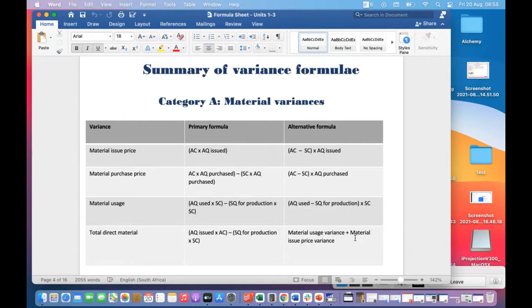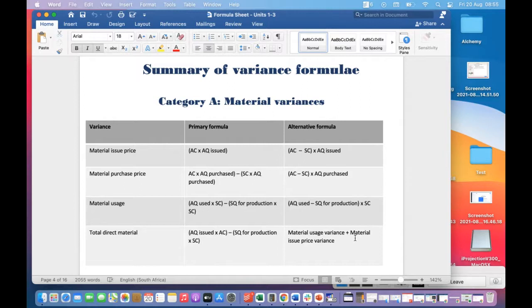So let me quickly read this material usage. The material usage variance is the result of a difference between the actual amount of material used and the standard quantity of material allowed. It shows how efficiently raw materials have been used.